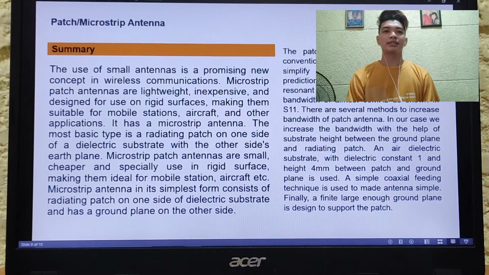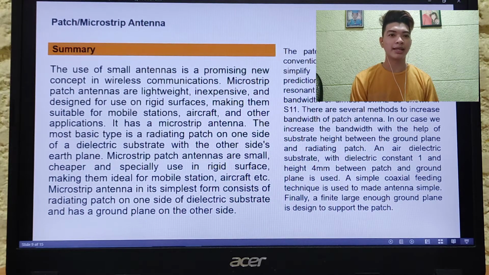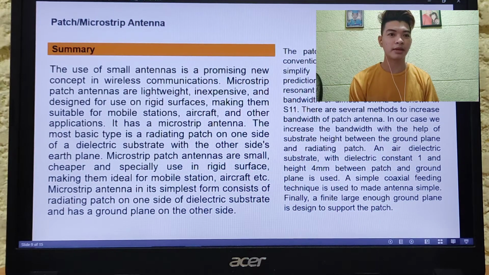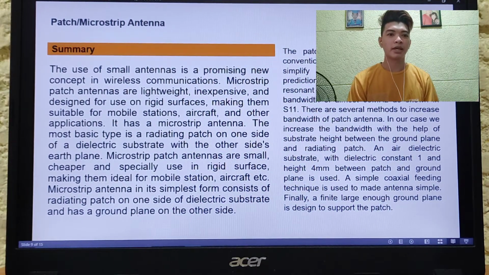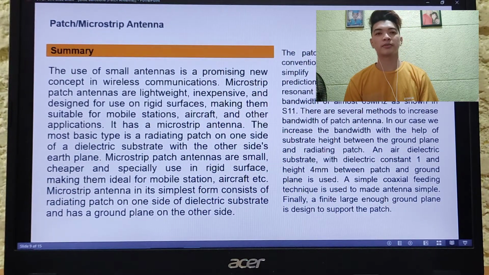A dielectric substrate with dielectric constant 1 and height of 4 mm between patch and ground plane is used. A simple coaxial feeding technique is used to make the antenna simple. Finally, a finite, large enough ground plane is designed to support the patch.